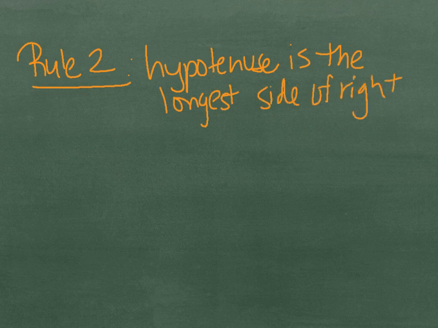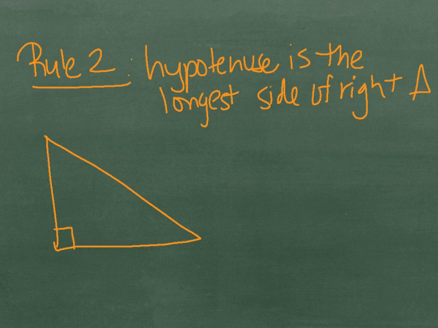Now, we should already know that, but we're going to use that rule to help us with how to set up these problems. So, let's draw a right triangle and refresh our memory on what the hypotenuse is. So, the hypotenuse is over here, and this is the longest part, which is across from the right angle. So here's your hypotenuse. I'll label that with an H. And over here, these are your two different legs. Okay, the hypotenuse is the longest.